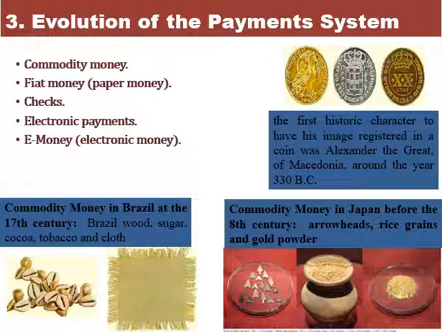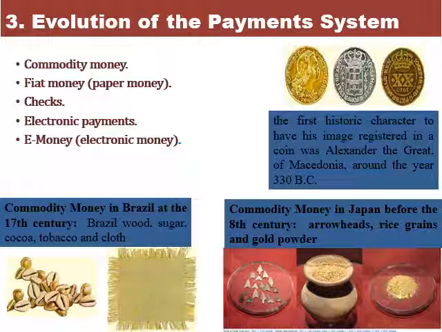Now let's move to the next point, which is the evolution of the payment system, where we will discuss the different forms of money that have evolved over time. And these forms include commodity money, fiat money, checks, electronic payments, and electronic money or e-money. So, the first form of money that appeared in ancient times was commodity money, which was used as a medium of exchange or as a way of payment in most primitive societies.